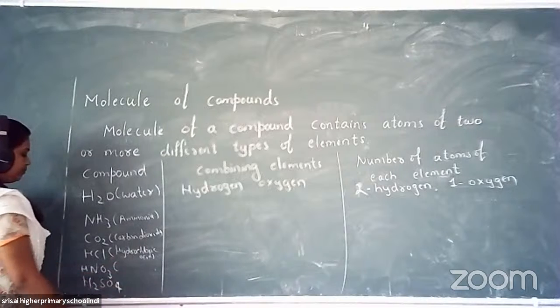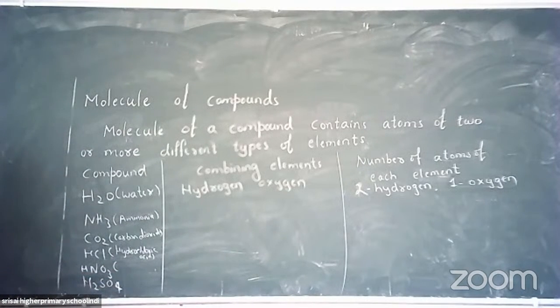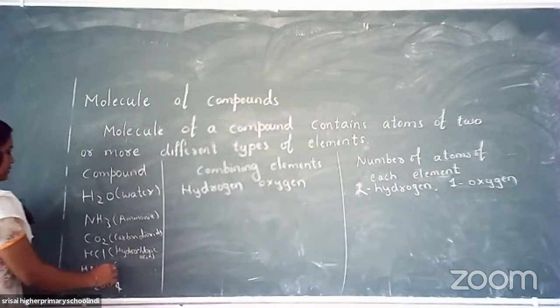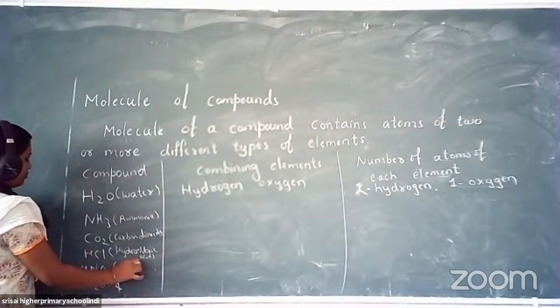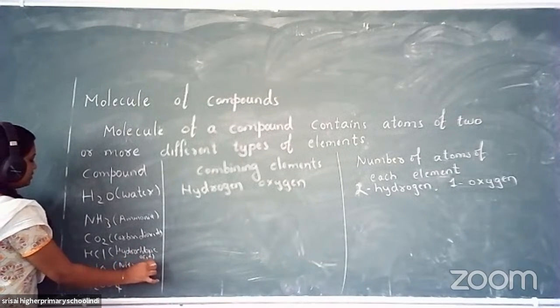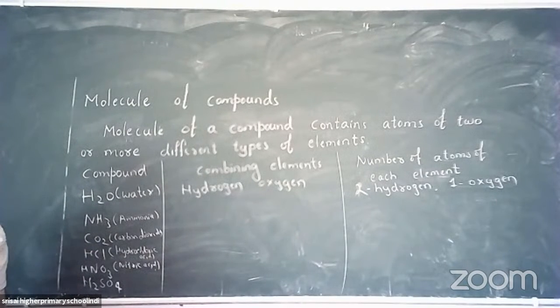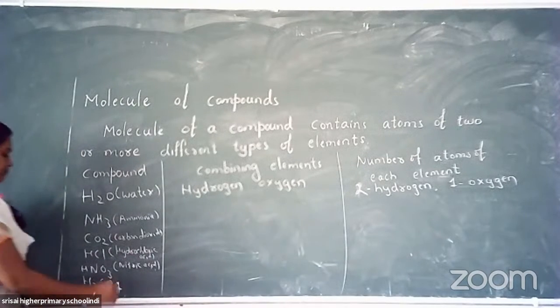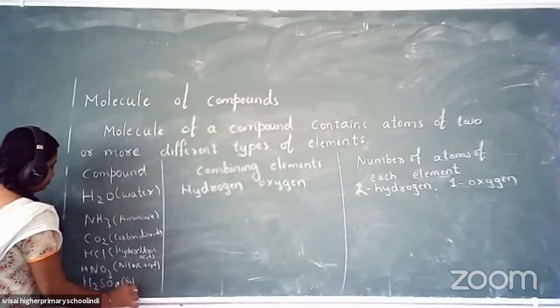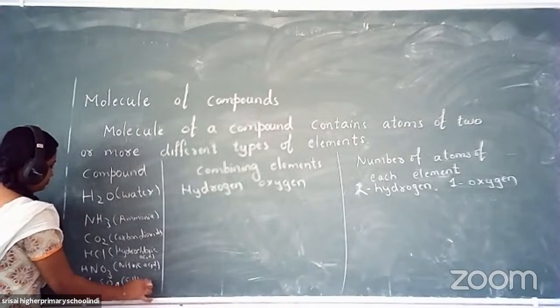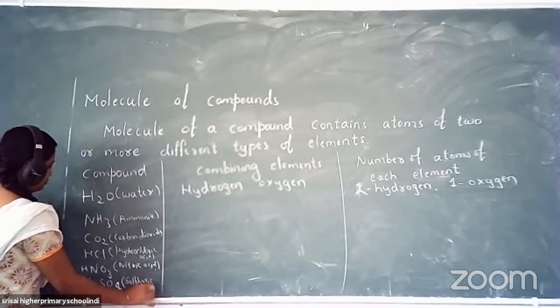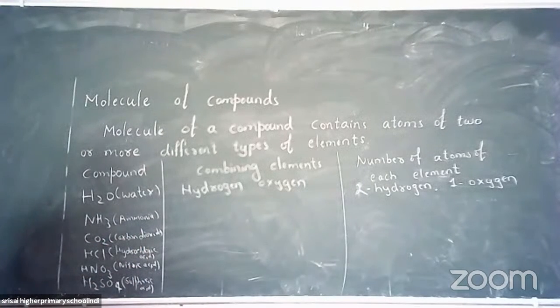HNO3 means nitric acid. And H2SO4 means sulfuric acid. If you know this, you don't need to write it, I'm just telling you. If you know this, no problem.